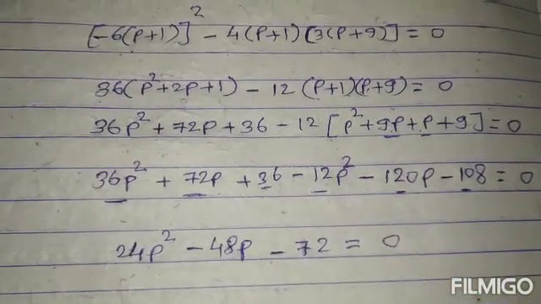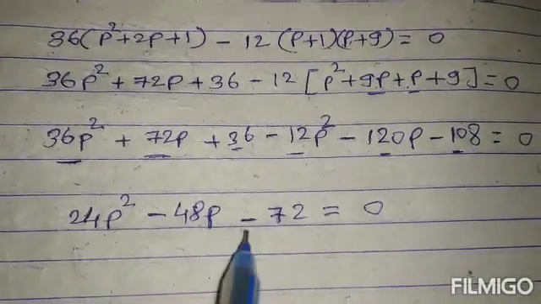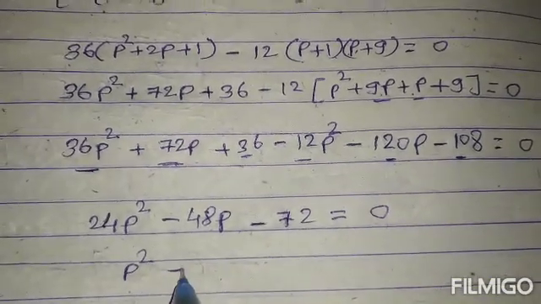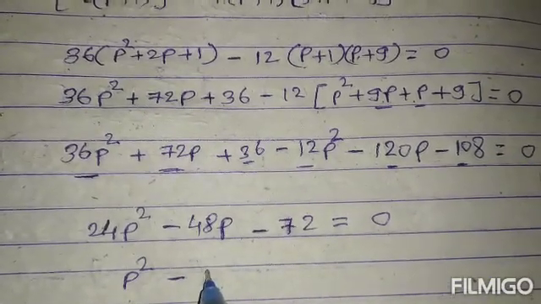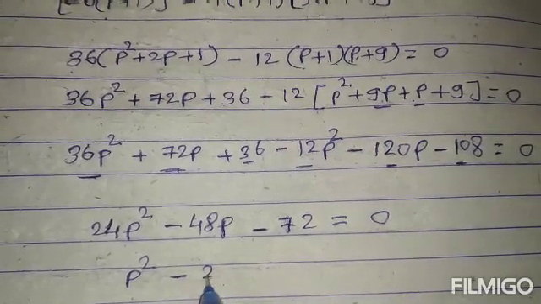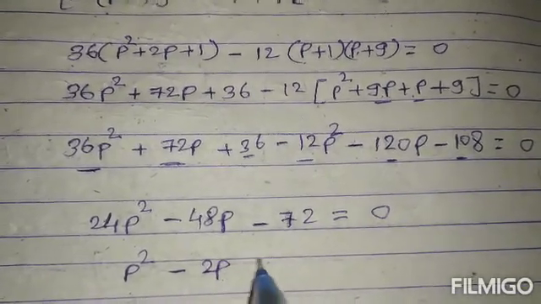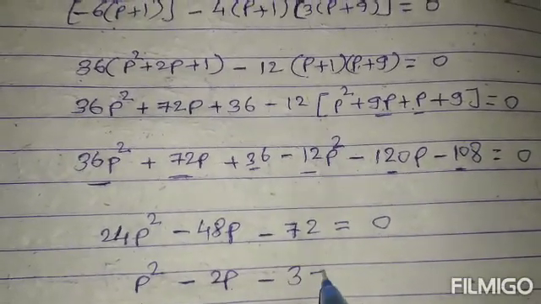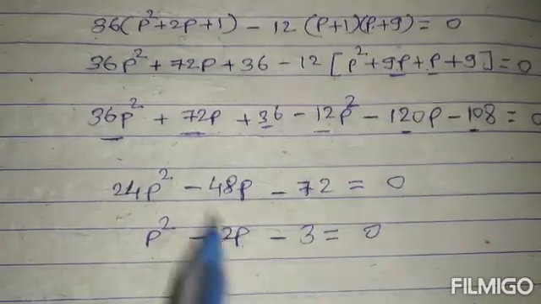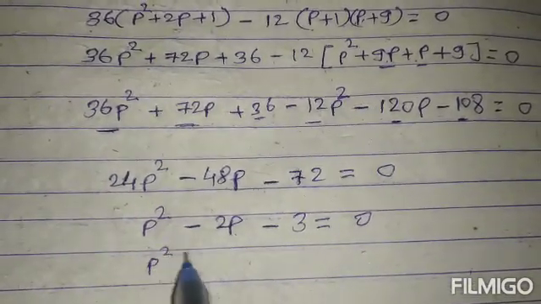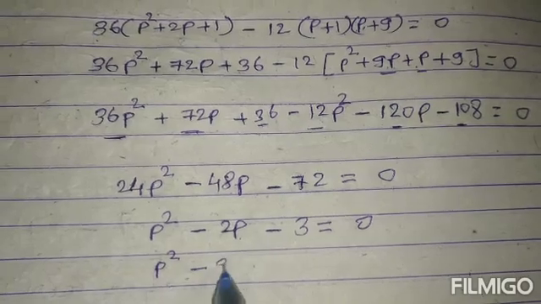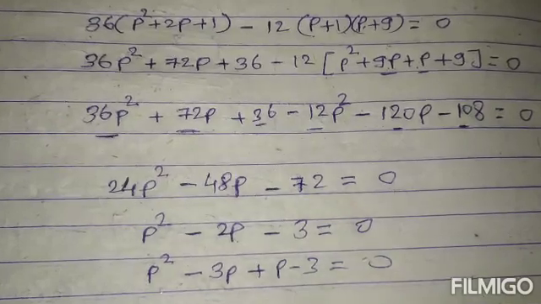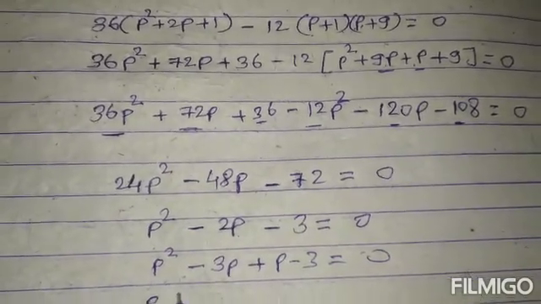It is very clear that if we divide all the terms by 24, then it can be written as p² - 2p - 3 = 0. 24 2s are 48, and 24 3s are 72. This can be written as p² - 3p + p - 3 = 0.